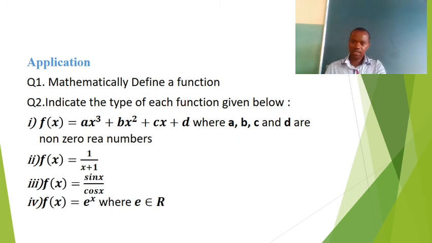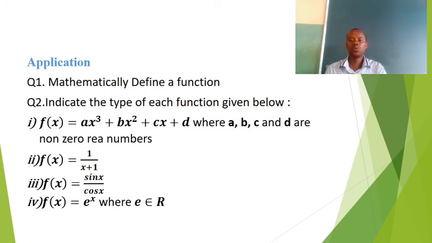The function number 1 is f of x is equal to ax power 3 plus bx power 2 plus cx plus d, where those coefficients a, b, c and d are non-zero real numbers.